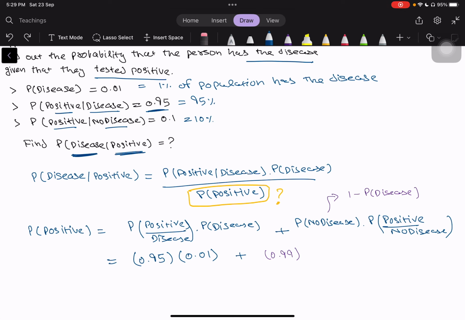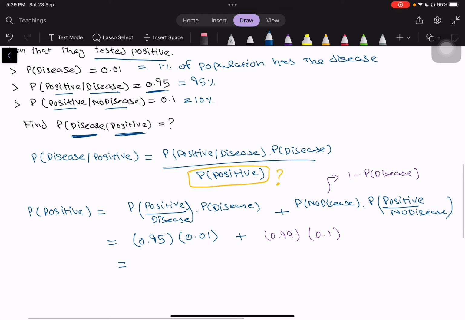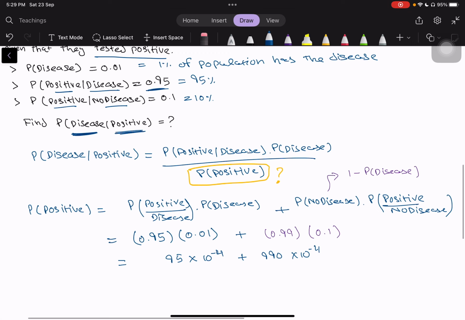So we write that over here, 0.1. Now if we solve this, what we get is 95 into 10 raised to power minus 4 plus 990 into 10 raised to power minus 4, okay?